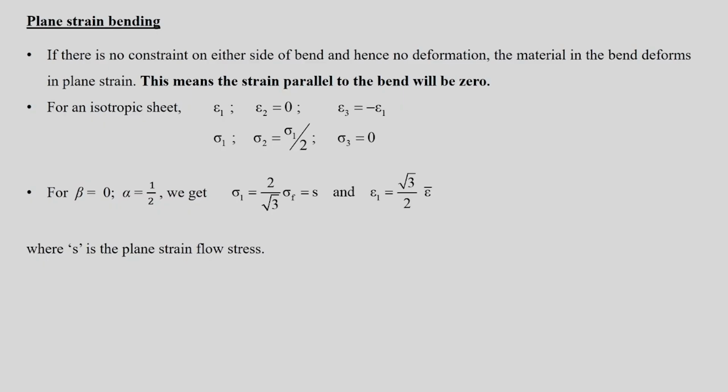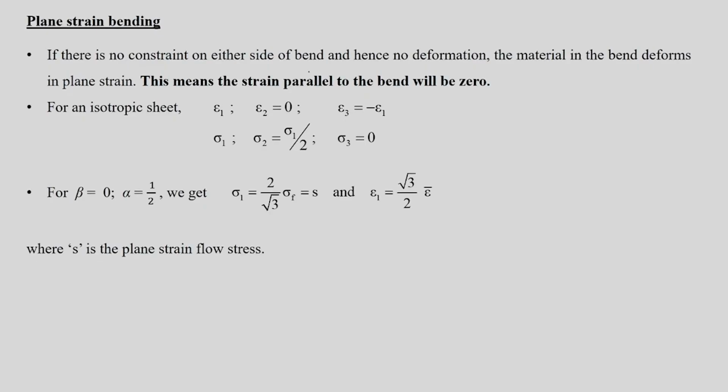So, now this straight line bending can be taken as a plane strain bending process. Plane stress is still available with us. Along with that, we are going to include something called plane strain bending. So, we are going to say that if there is no constraint on either side of the bend and hence no deformation, the material in the bend deforms in plane strain.